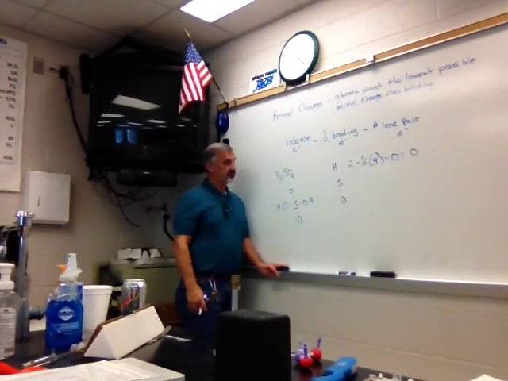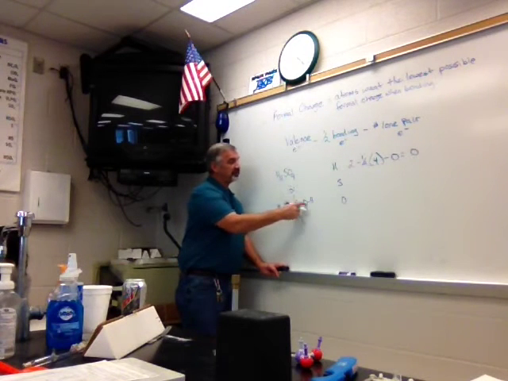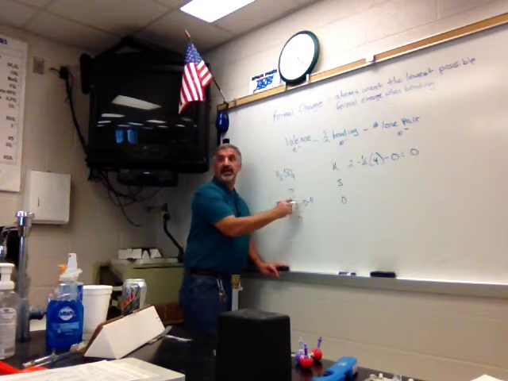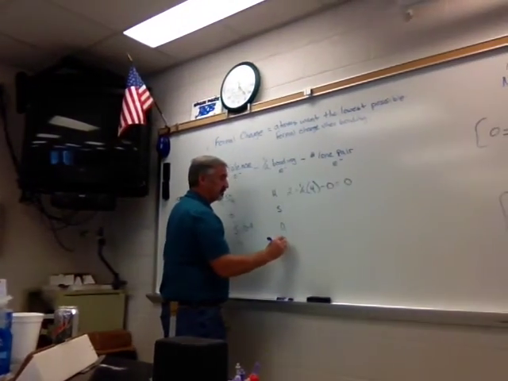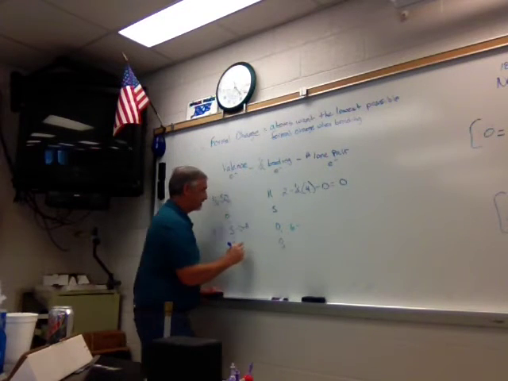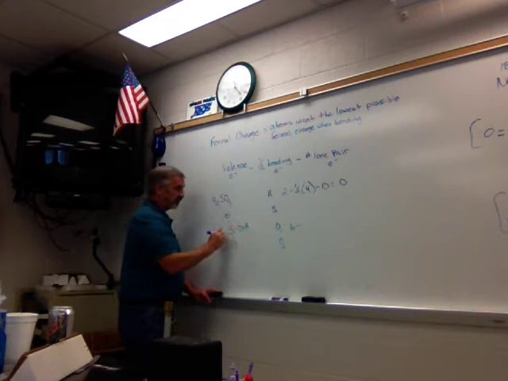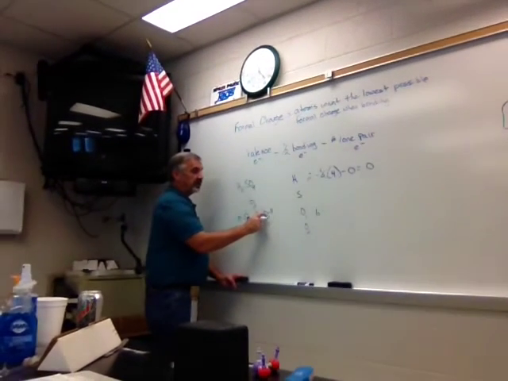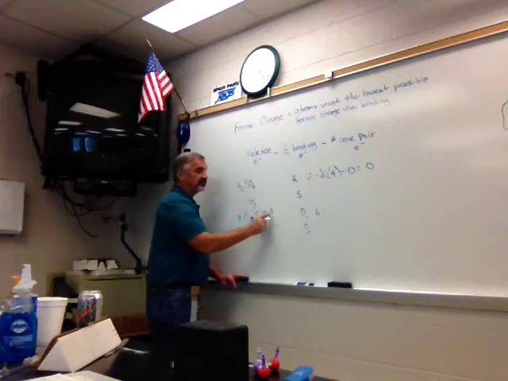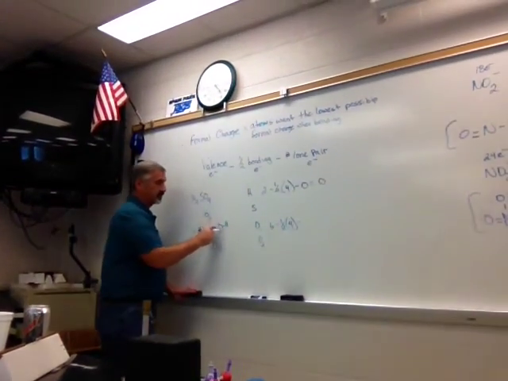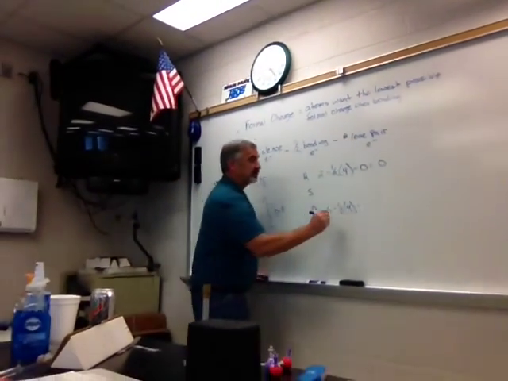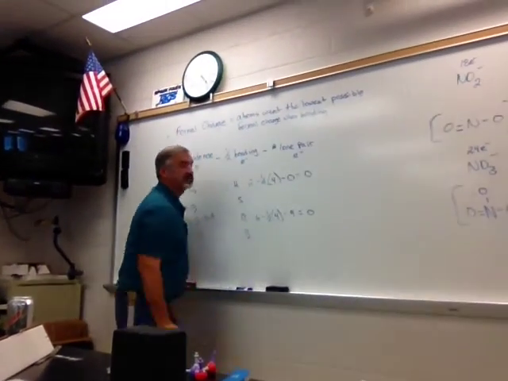That's all good. But now we have 2 different oxygens. We have oxygens that are bonded to hydrogens, and we have oxygens that are just by themselves. So we have oxygen 1, oxygen 2. Oxygen 1 has 6 minus 1/2 times 4 bonding electrons minus 4 lone pair electrons, so once again we're at 0.